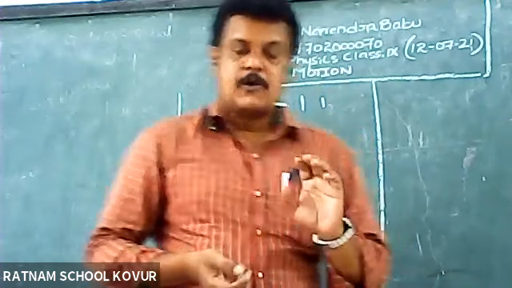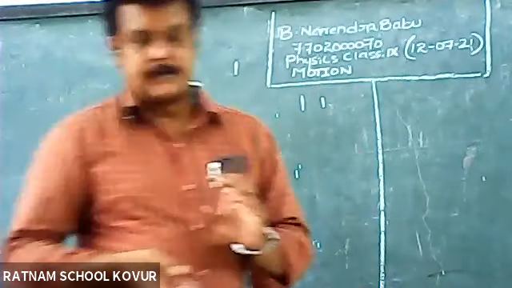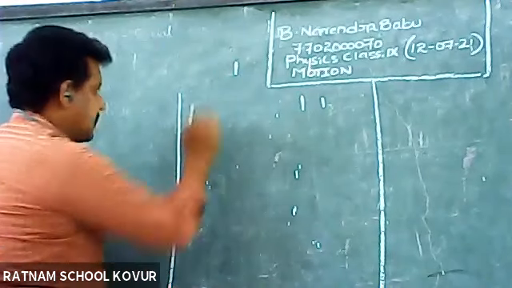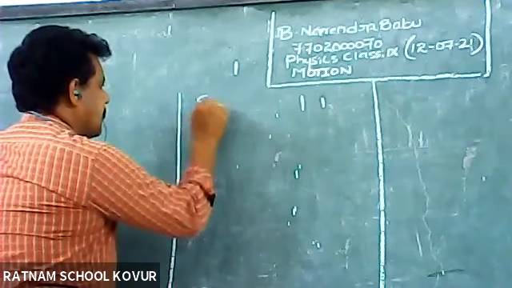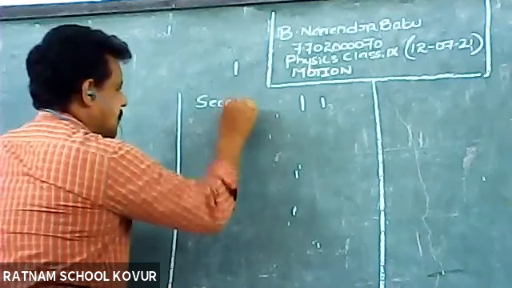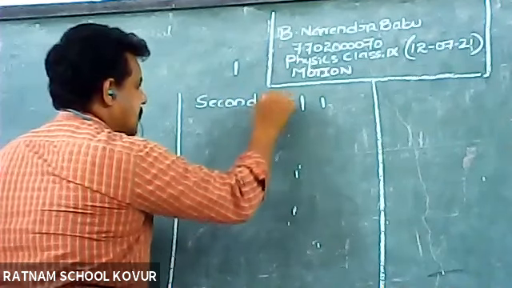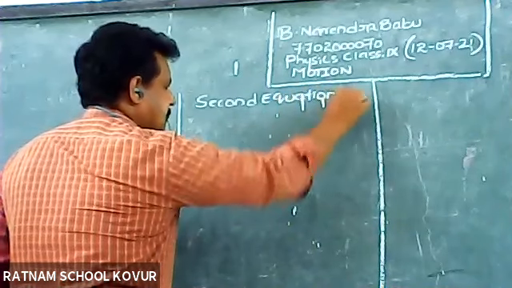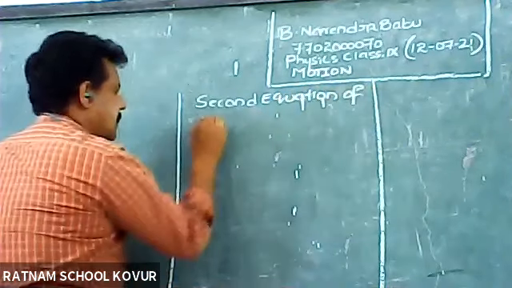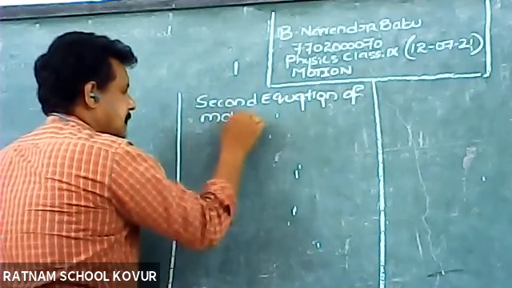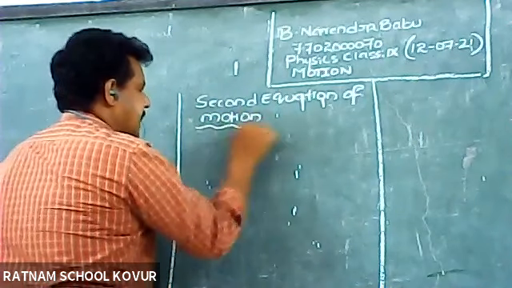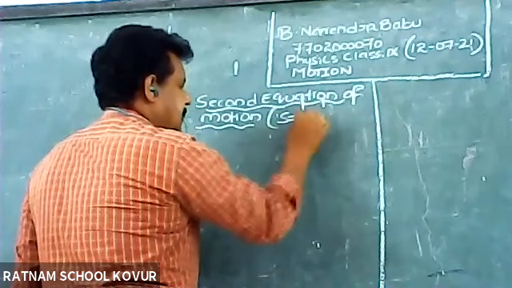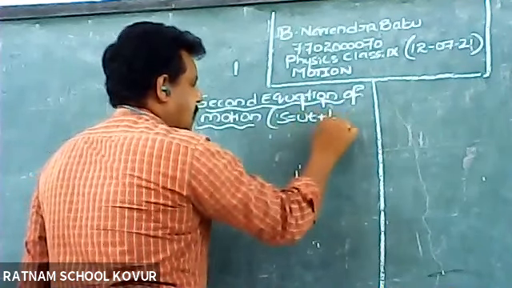Now we are going to derive the second equation of motion. Listen carefully. The second equation of motion is given by S is equal to ut plus half at square.